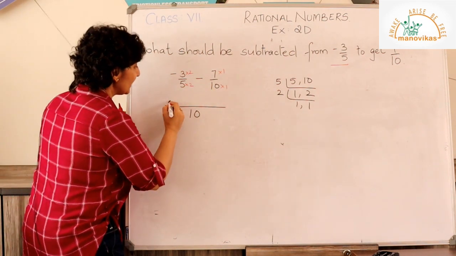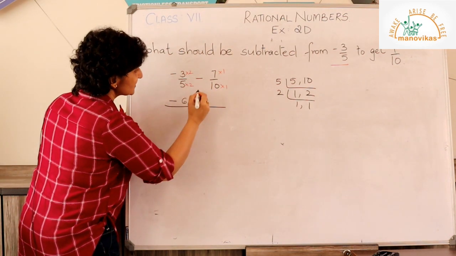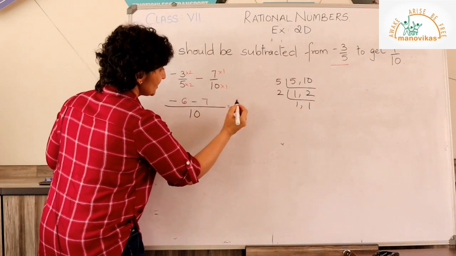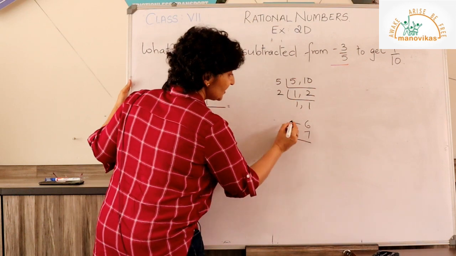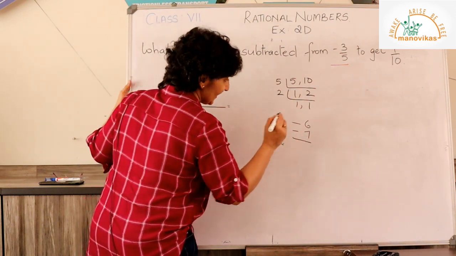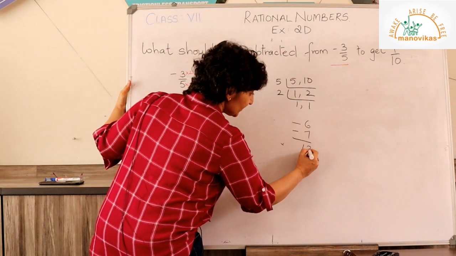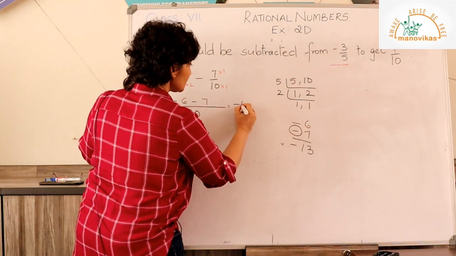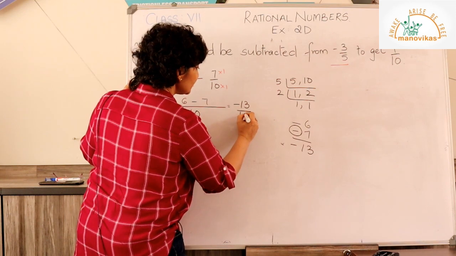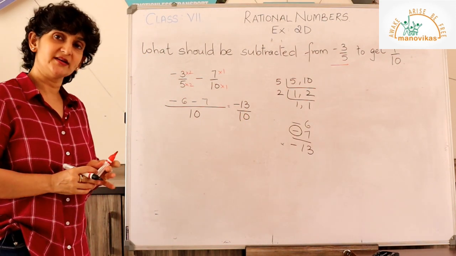So minus 3 twos are 6, minus 7. So I have minus 6, minus 7. Same family, add. So 6 plus 7 gives me 13. Put the sign of the bigger number. So my answer is minus 13 upon 10.